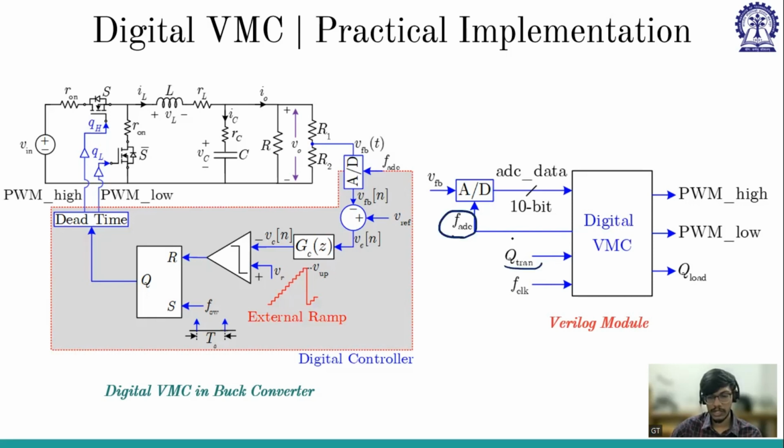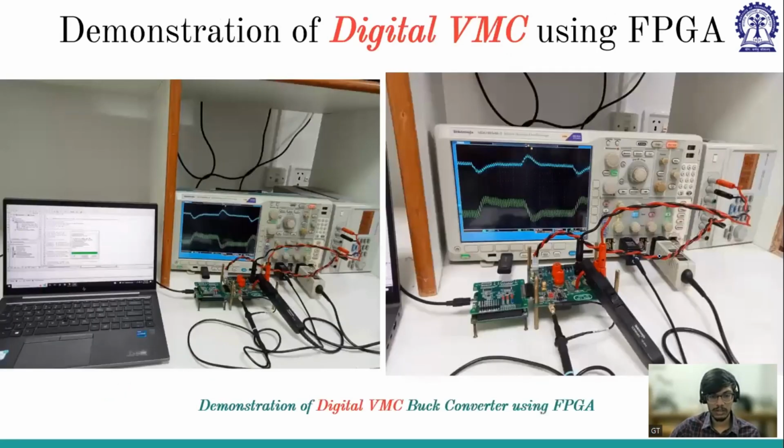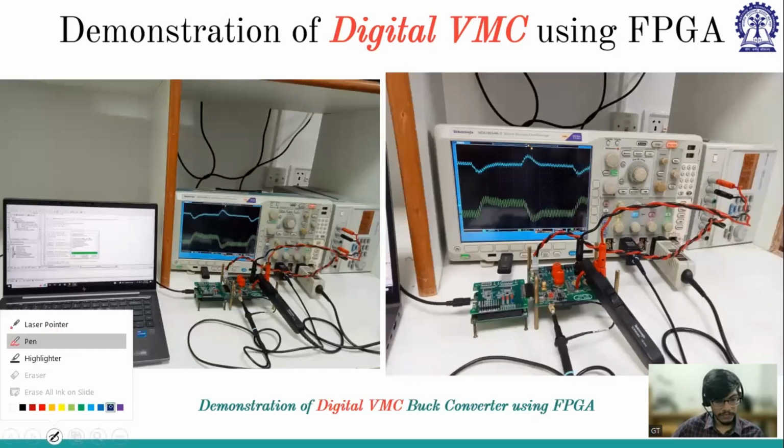It has Q trans switch, F clock main 100 megahertz clock, and it is giving 2 gate pulses, and also the Q load to give transient. Whether you want to go from low load to high load or high load to low load, this is the pulse that controls that.